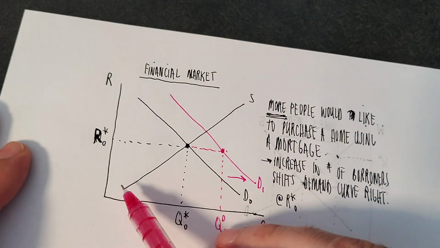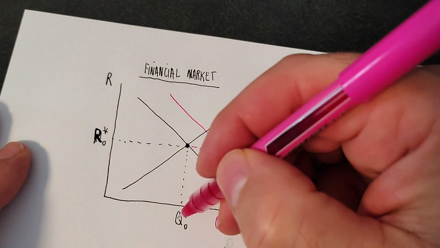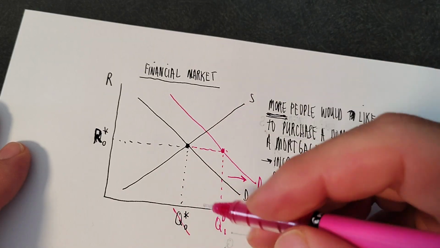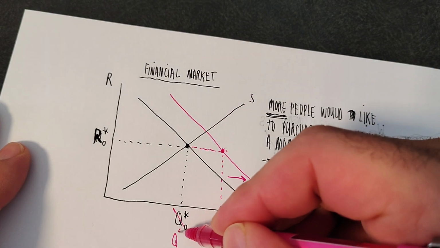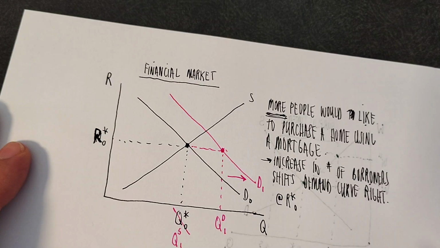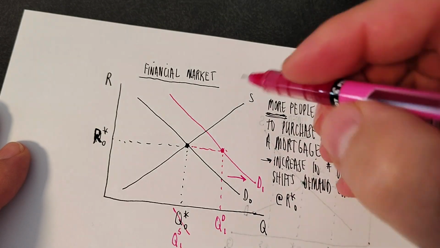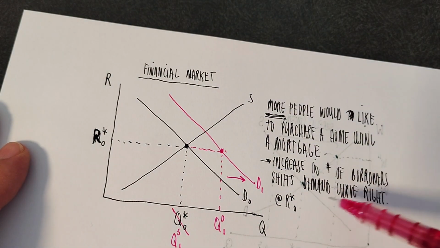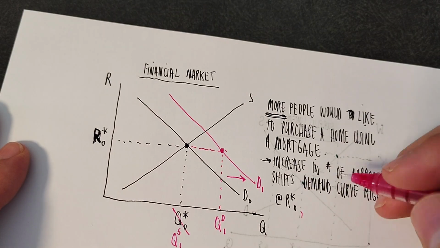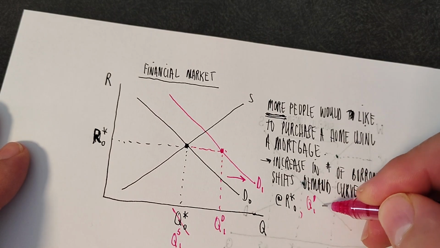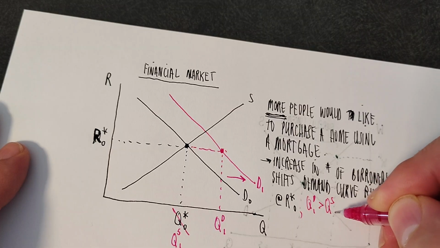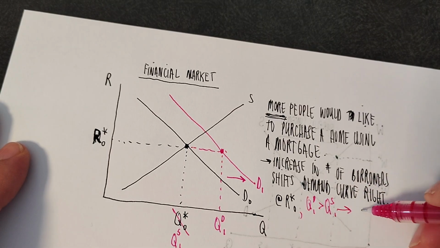And again, the supply curve hasn't changed, so this is not Q star anymore. This is QS1, the quantity supplied. You can see here, now we've got a shortage. Right? So at R star 0, QD1 is greater than QS1, which is a shortage.